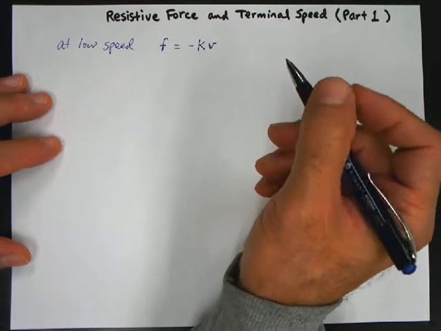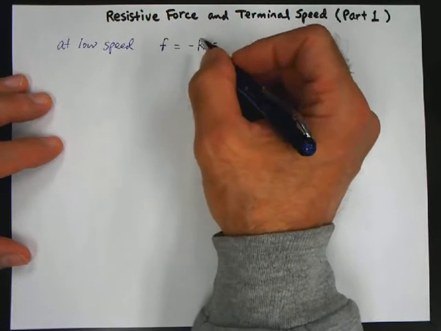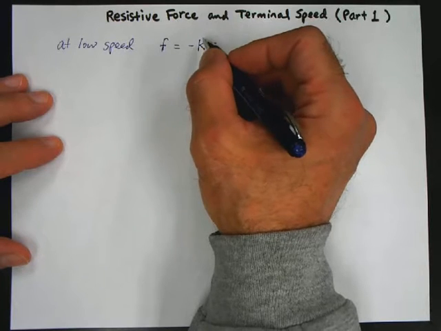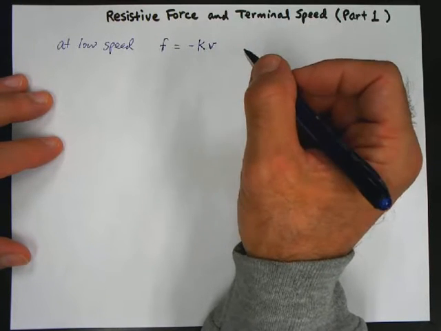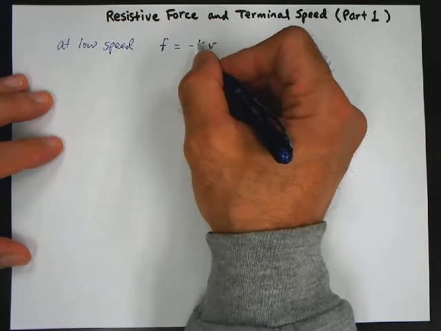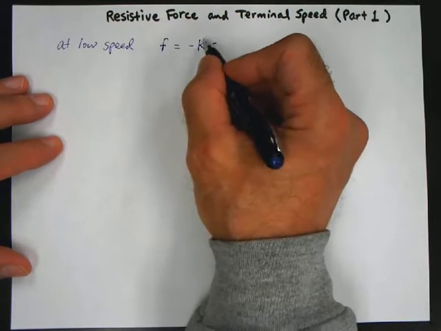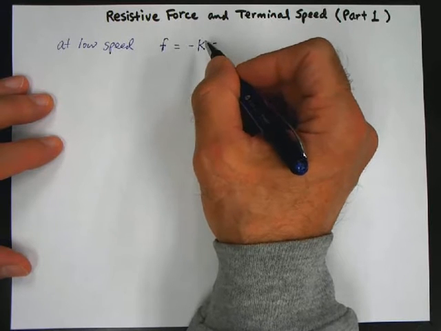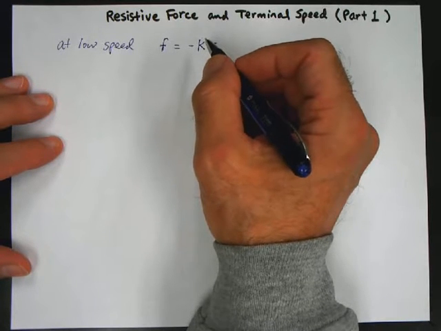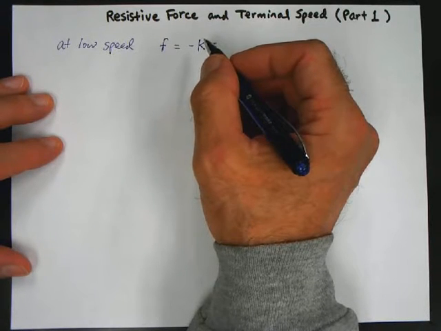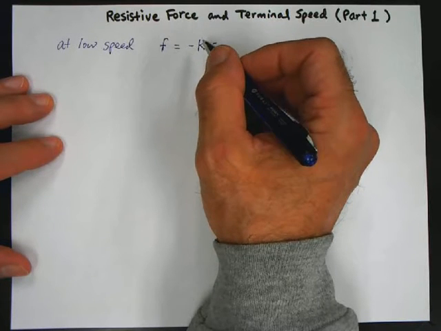We can call it the coefficient of resistance or something like that if you want. Now you could use k, you could use c, you could use d, whatever you want. And this coefficient here depends on the shape and the size of the object.